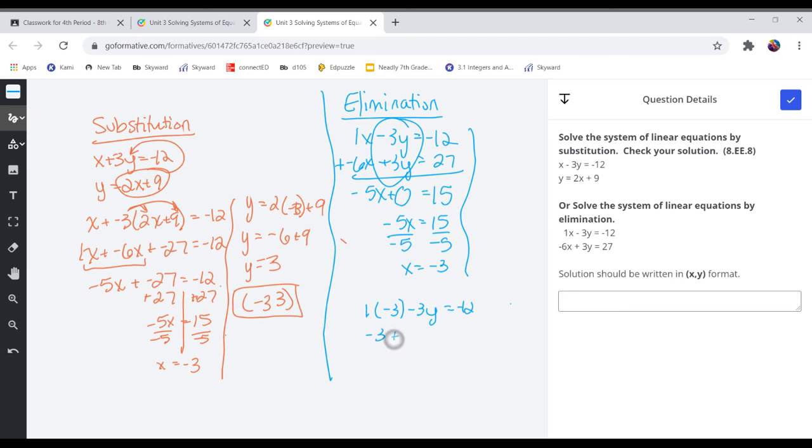So negative 3 plus negative 3y equals negative 12. I'll add 3 to both sides. Negative 3y equals negative 12 plus 3, which is negative 9. Divide both sides by negative 3. y equals 3. So my ordered pair would be negative 3, 3.